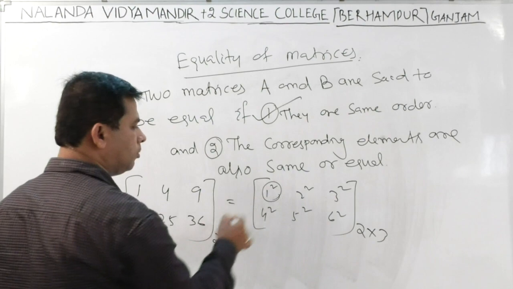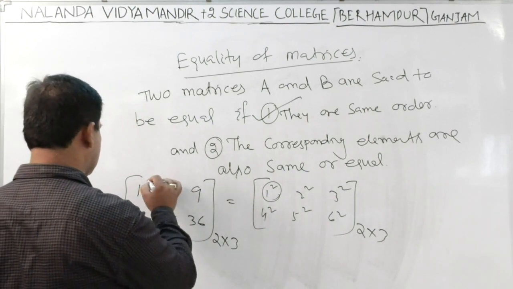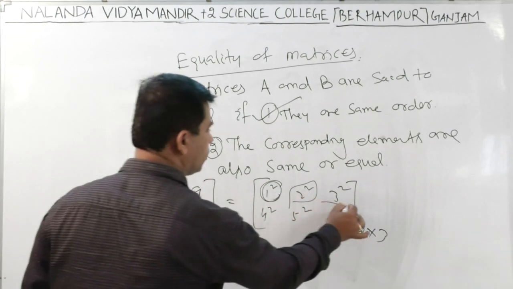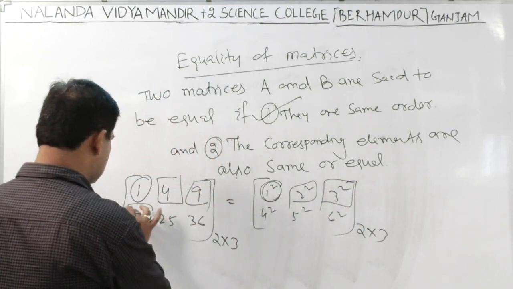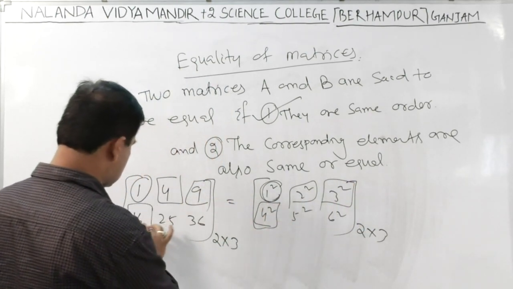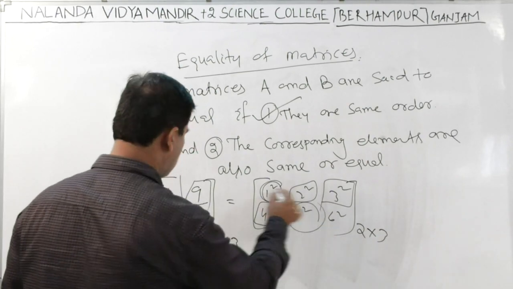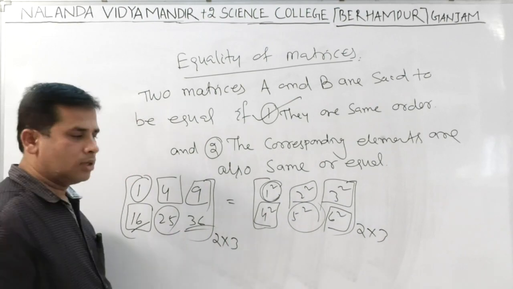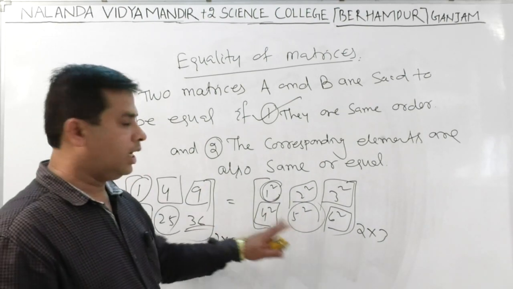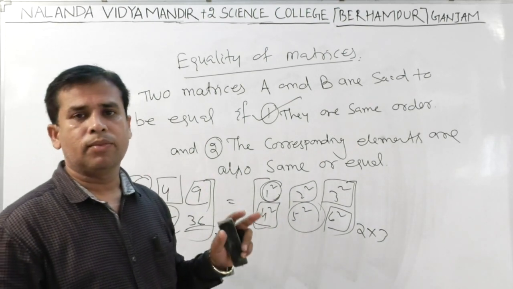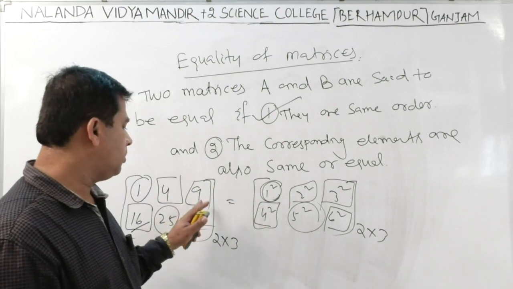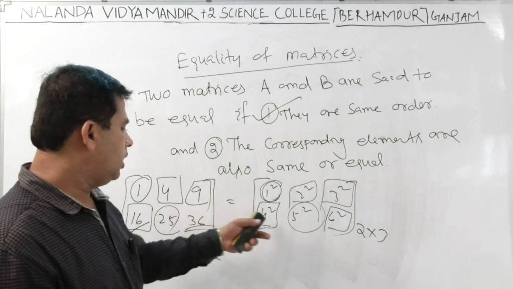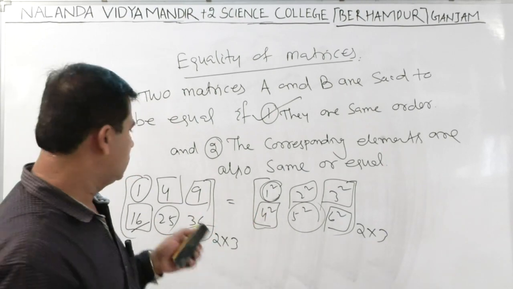First row first column contains 1 square, which means 1, therefore first row first column is same. 2 square means 4, 3 square means 9, 4 square means 16, 5 square means 25, 6 square means 36. Here order is same and also every corresponding element of A and B is same. Then we say A and B are equal.